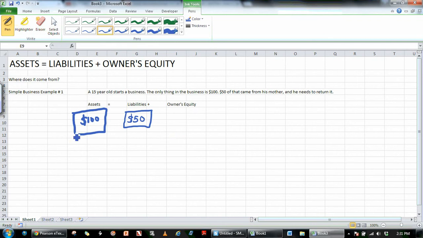Again, the entire value of the company, everything the company has of value, take away everything that the company owes. Whatever the company owes to other people or businesses, what is left over is for the owner. And in this case, that is that $50 bill. Right? But things can get slightly more complicated.